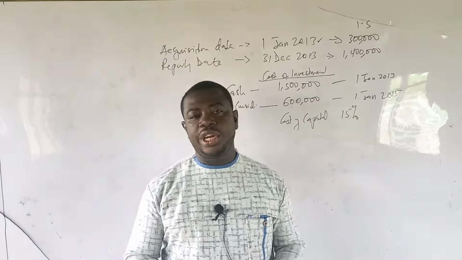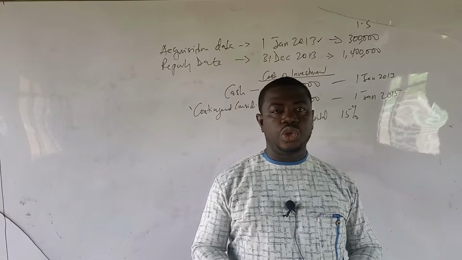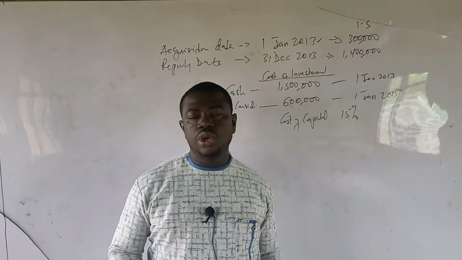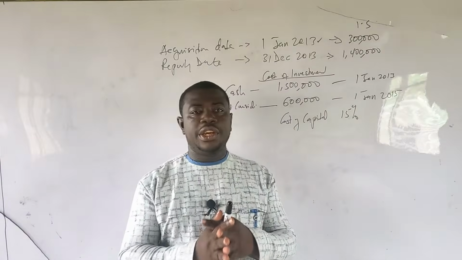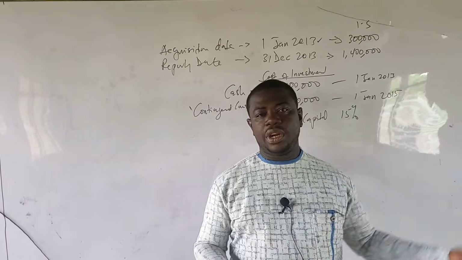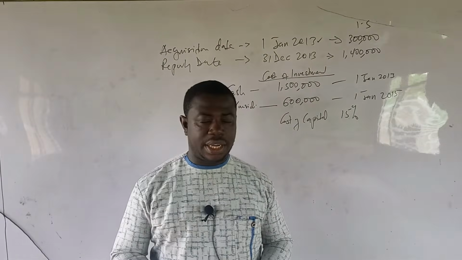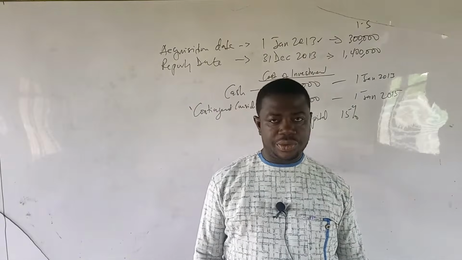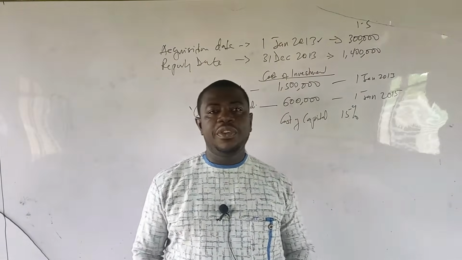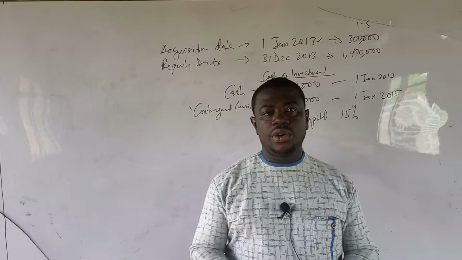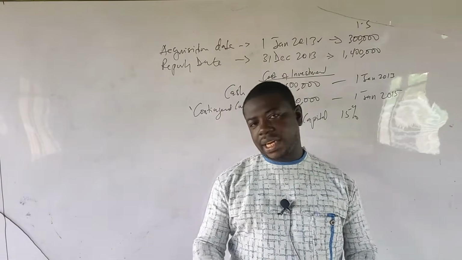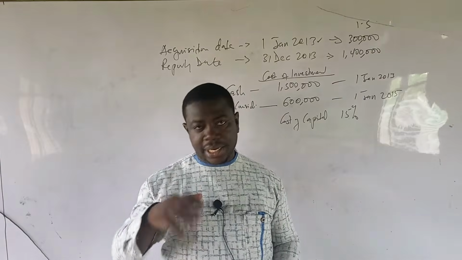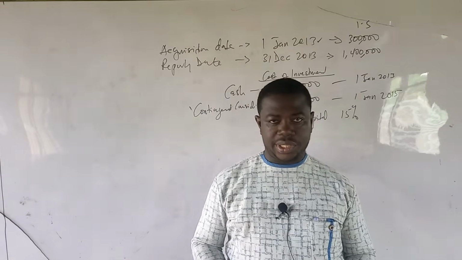And I have taught you already how to treat that. We are going to add that to the purchase consideration of the parent to get the total cost of investment in order to find the goodwill at acquisition date. It's very, very necessary, and it's going to also change the way we find our non-controlling interest value at reporting date. So this is just the analysis that I want us to look at, and then we will be good to now solve the question.